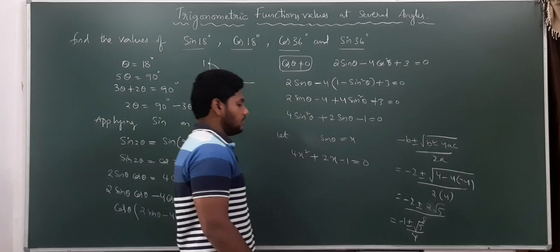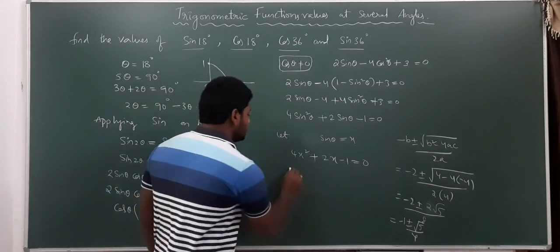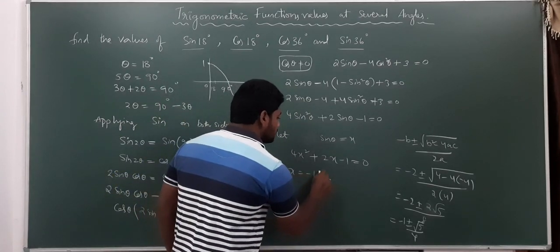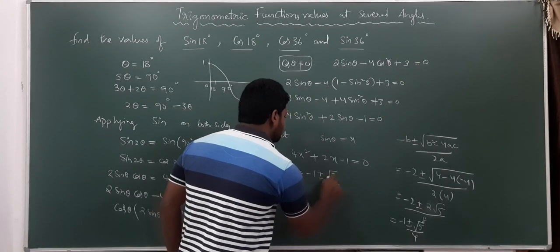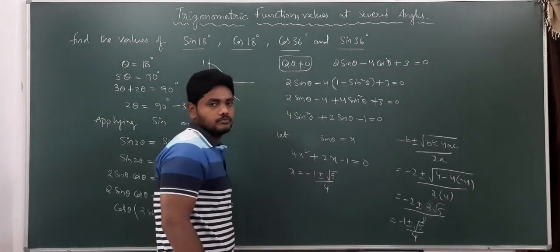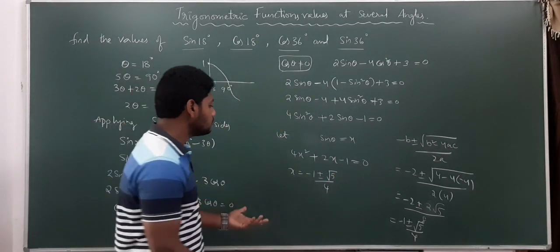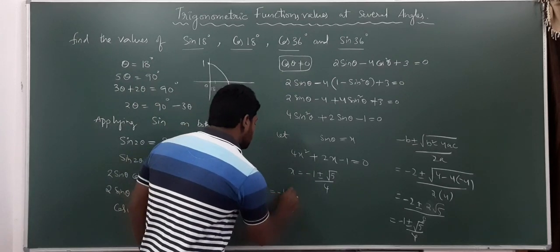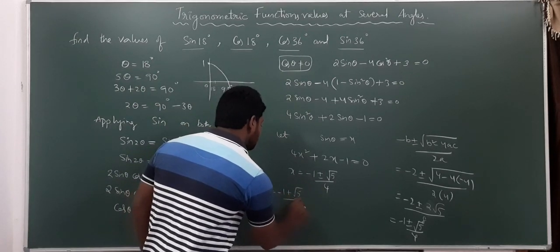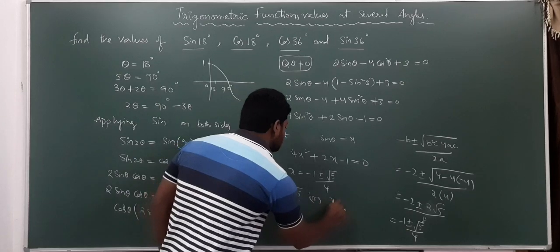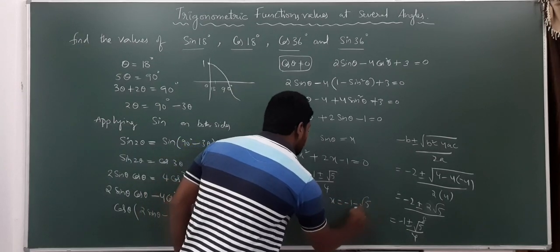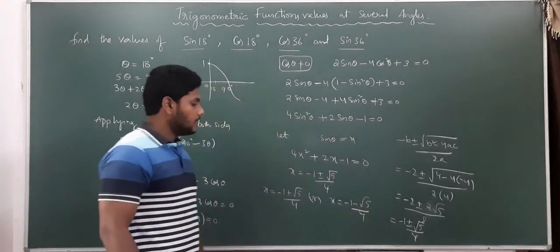Right or not? Now here how many values did we get? Here we got x equal to minus 1 plus or minus square root of 5 by 4. So nothing but 2 values. What are those 2 values? X is equal to minus 1 plus square root of 5 by 4, or x is equal to minus 1 minus square root of 5 by 4.